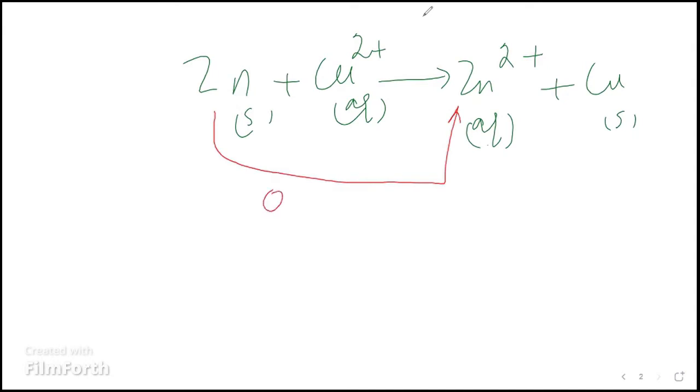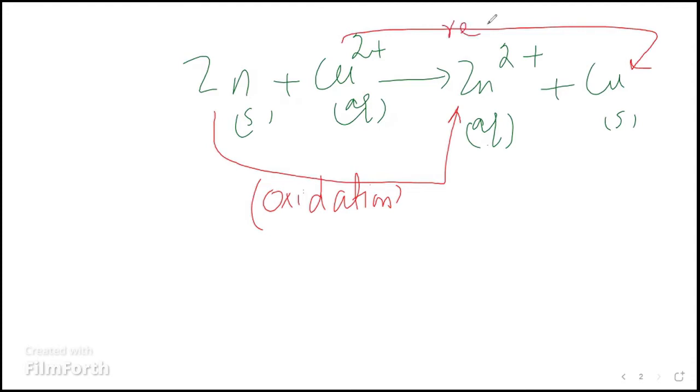This is oxidation, Mariam. And copper 2 ions are changing into copper by the gain of electrons. That is reduction.